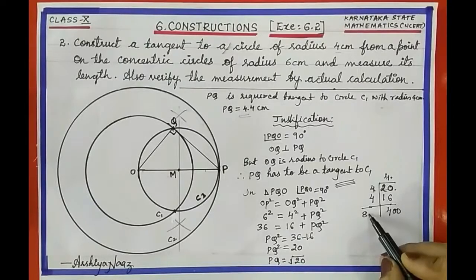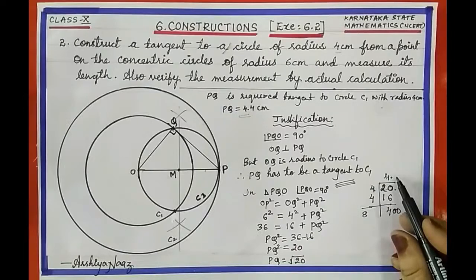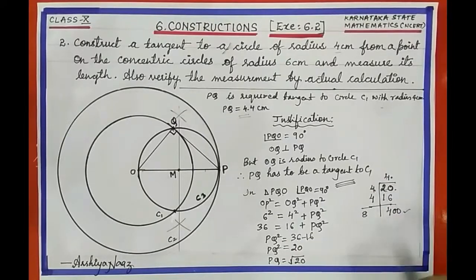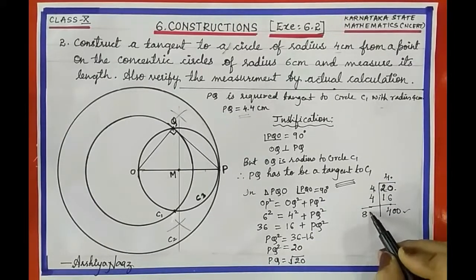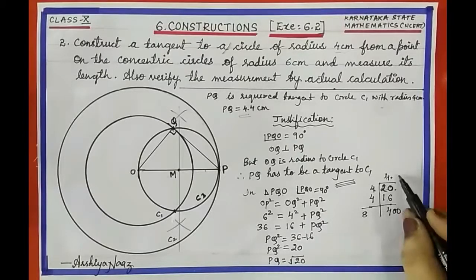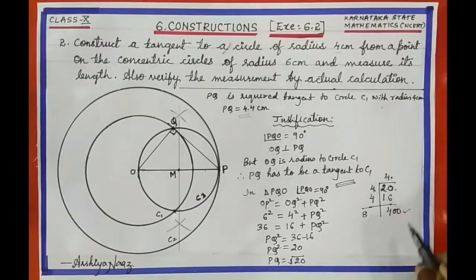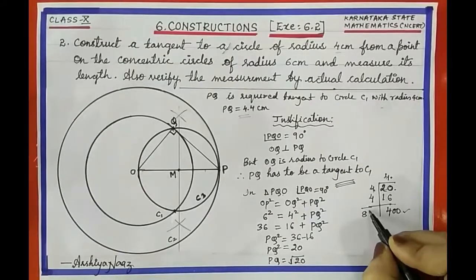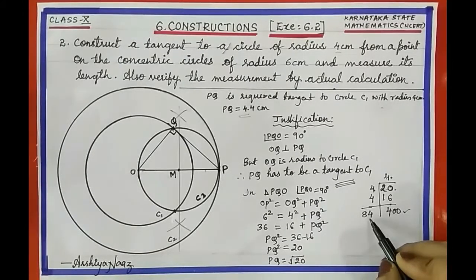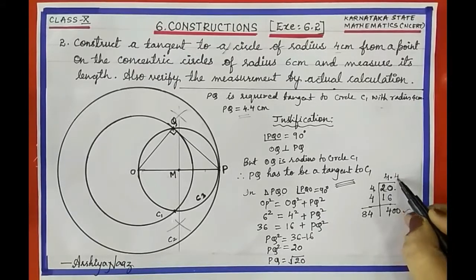Then we have to join a number here and multiply with the same number to get this number. So if I write 1, then 81 we have to multiply by 1, and we get 81. If I write 2, then 82 into 2 we have to multiply. So for nearly equal to 400, what do I have to join here? So I will join 4. Then I get 84. Then I have to multiply with 4.